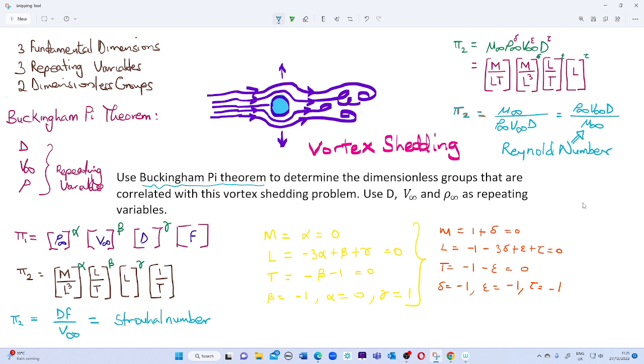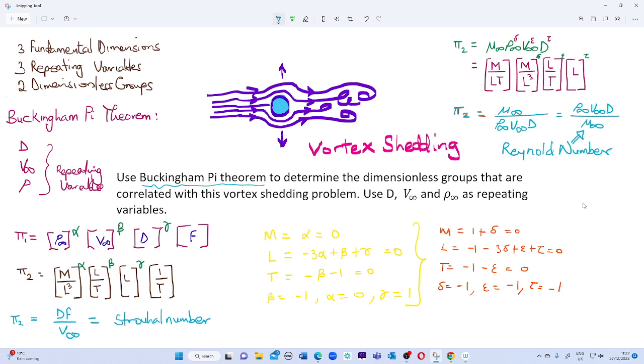Use D, which is diameter, V, which is velocity of the stream, and rho, which is the density, as the repeating variables.